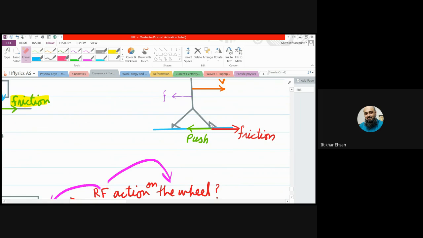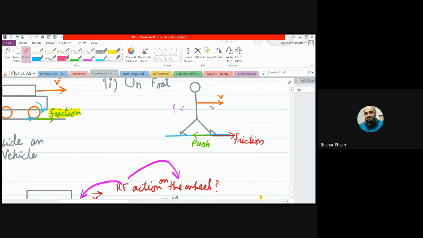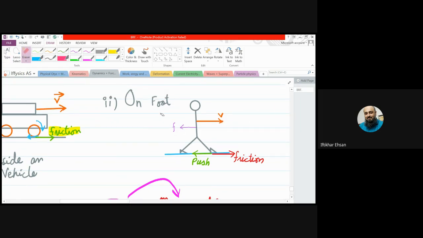So on the foot, the friction is in the same direction where the person is moving to, but overall friction is opposing. When we say the friction on the person, that will be opposing the movement towards the left as the person is moving towards the right. But friction on the foot is in the forward direction.